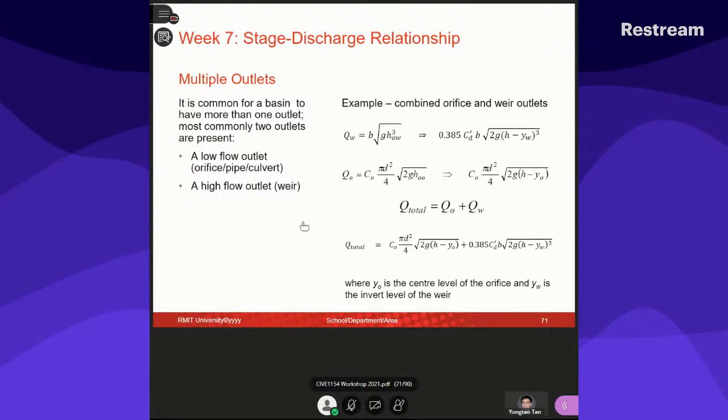This means the outflow includes the flow in the culvert and also the flow over the spillway. So the total outflow is from the orifice and also from the weir.